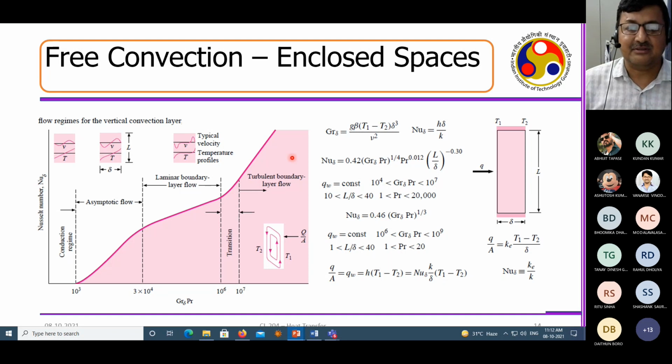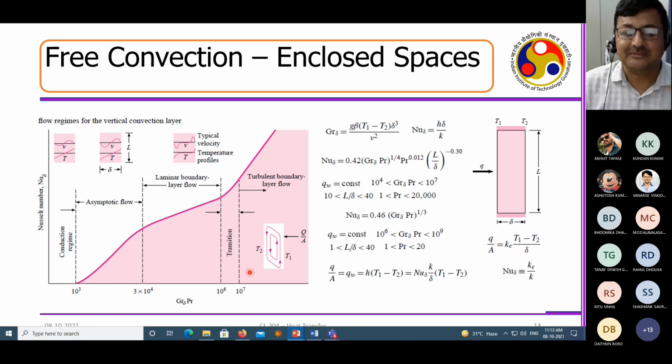So in this situation also, as you keep increasing the temperature gradient, as you keep increasing the buoyancy force, you are able to generate really chaotic flows. And then the possible transition from Rayleigh number, you can see here, for free convection in enclosed spaces, 10 to the power 6 to 10 to the power 7 Rayleigh number is typically the transition domain.